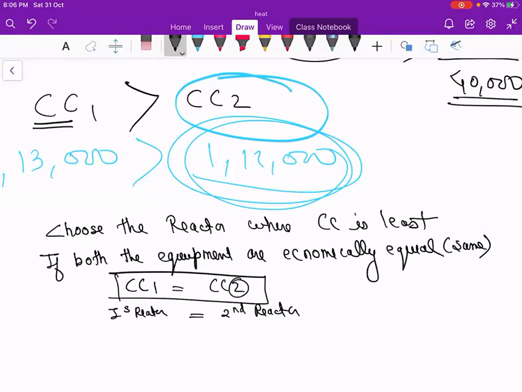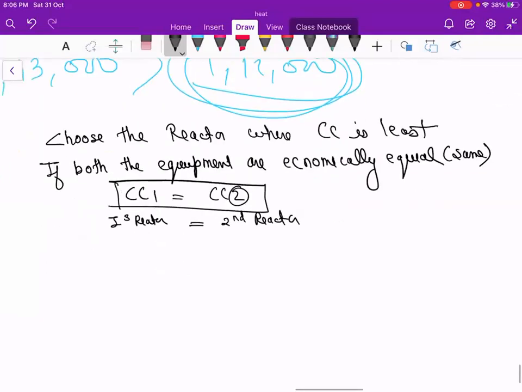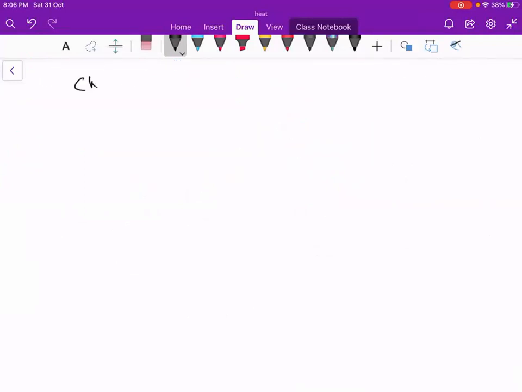Okay, means choose that reactor where CC is less, and if both the equipment have same CC, means they are economically same. What is meant by this economically same? Suppose you have purchased one China object, and you have purchased one branded object.